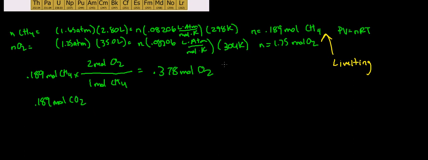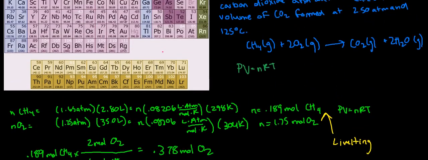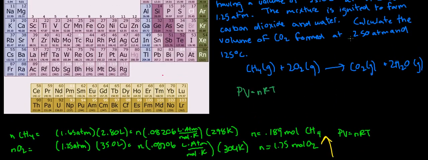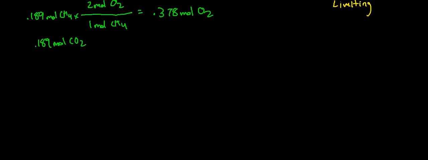And I'm looking for the volume, and I'm given that it's at 2.50 atmospheres and 125 degrees Celsius. And now I have moles, so all I need is volume. I can simply use the ideal gas law one more time and get the final answer.